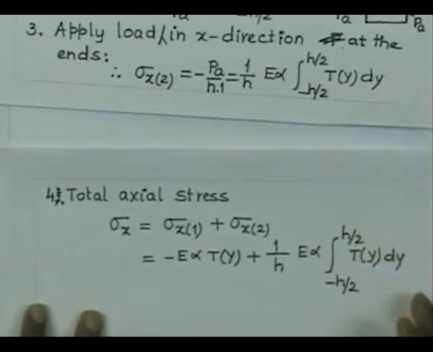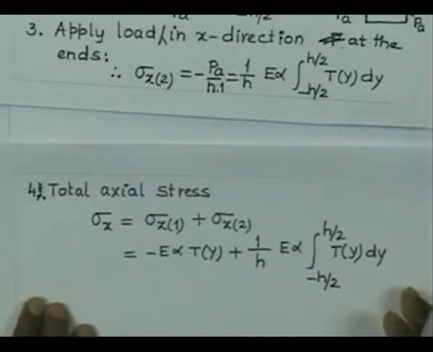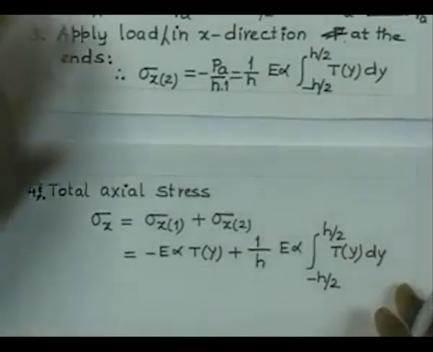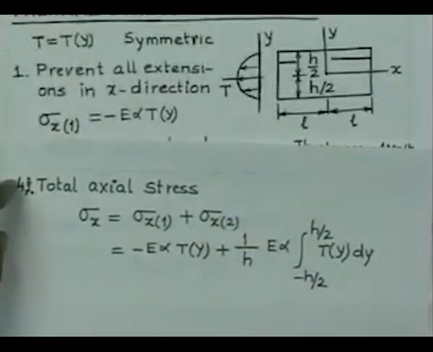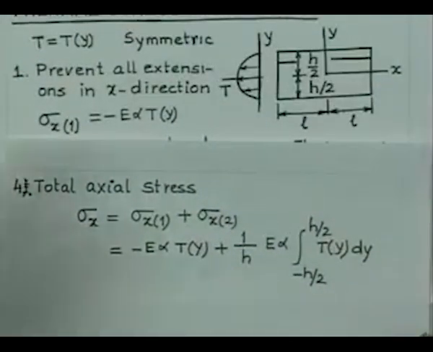So, this is the total stress that comes up in the component which is having a temperature variation of Ty in the height direction. So, we would like to consider some examples to illustrate this particular procedure of calculation of stresses.